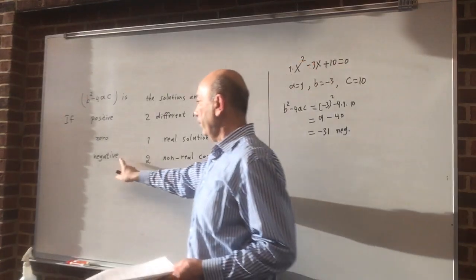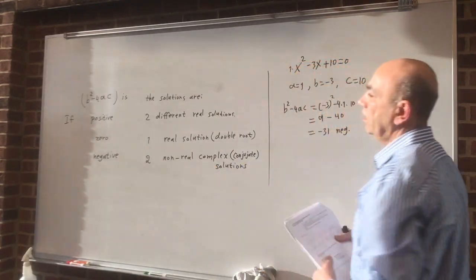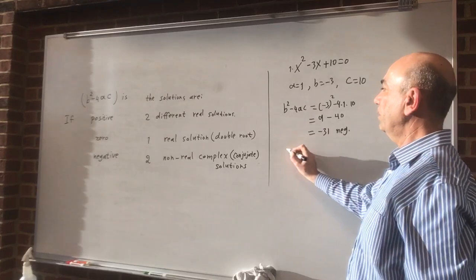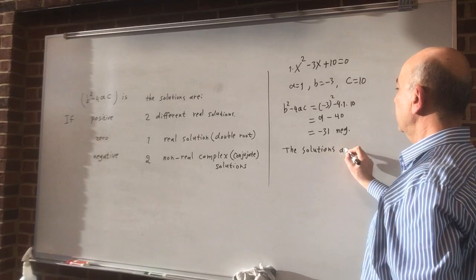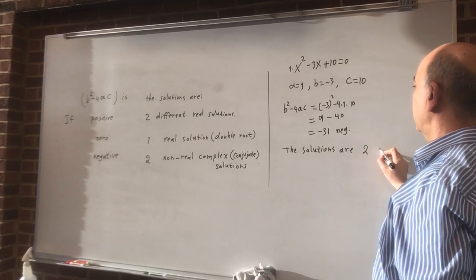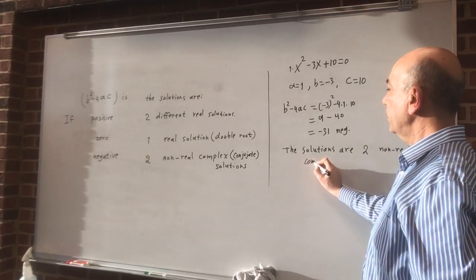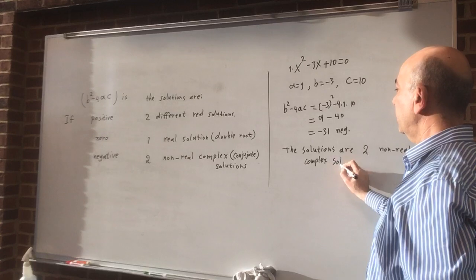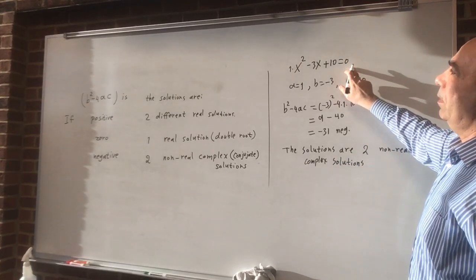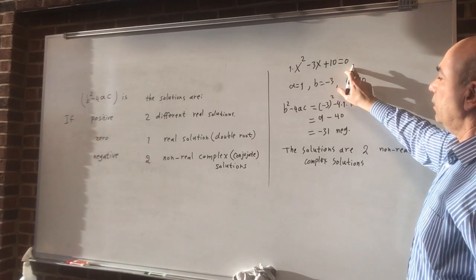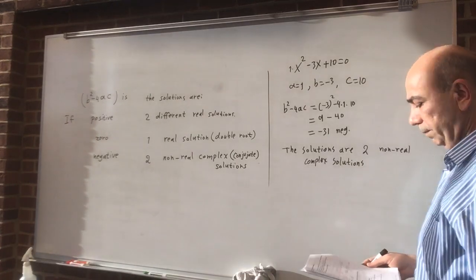So the solutions are two non-real complex conjugate solutions. If we solve this equation by any method, like the quadratic formula, we get two non-real complex conjugate solutions.